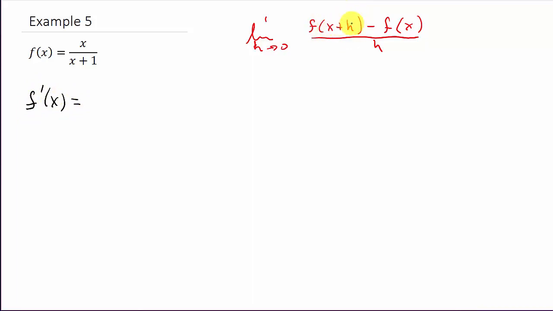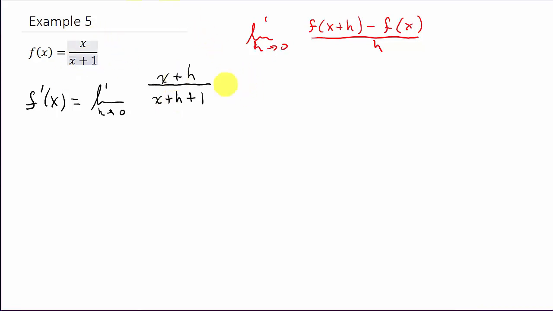What that means is we're going to take the x plus h and plug it in for each of these x values. So that's the limit as h goes to 0, and that's going to be x plus h over x plus h plus 1. So you see each one of these x values here is replaced with x plus h.